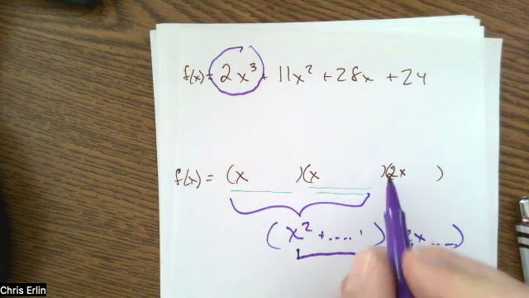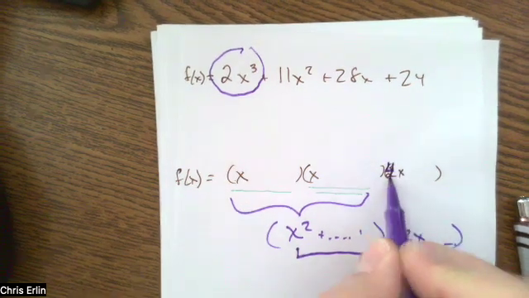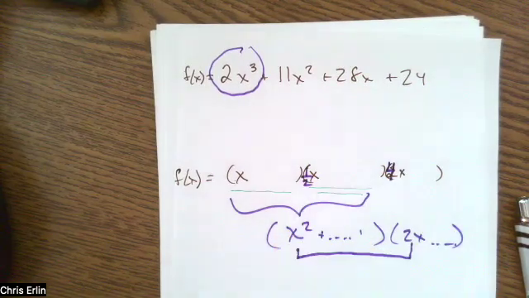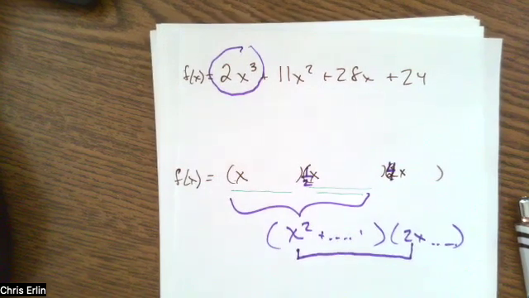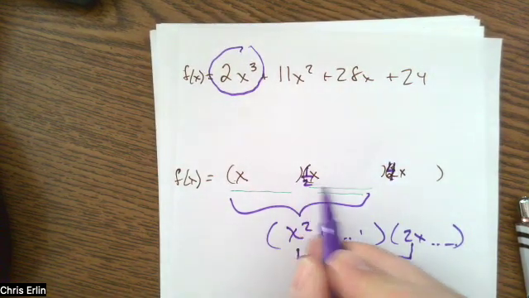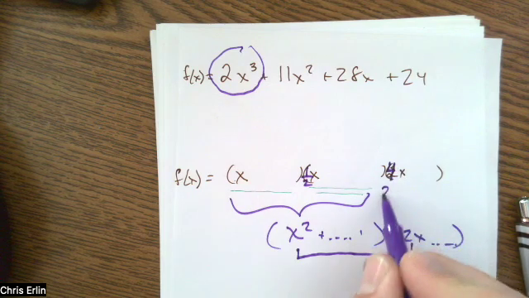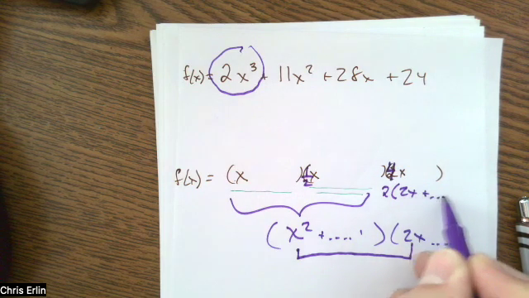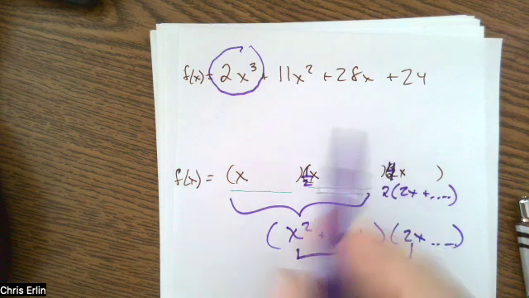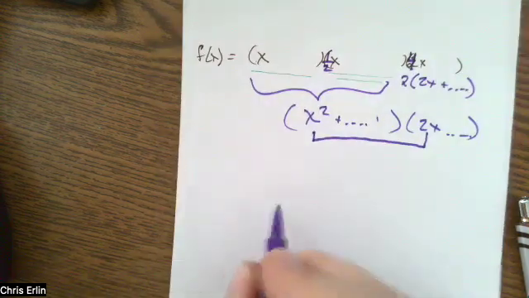Is it possible that one of these is actually like 4, and one of these is a 1/2? Well, sort of. But if that's the case, this 1/2 could be offset by pulling a 2 out of here and then distributing back through. Let me make that a little bit clearer.